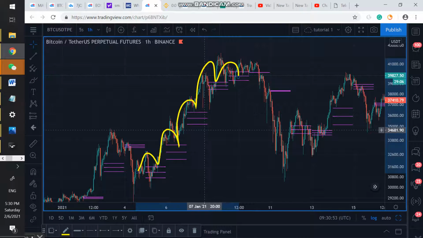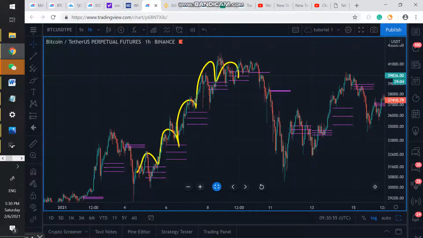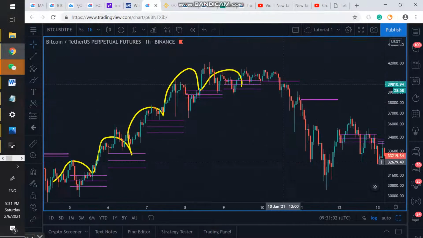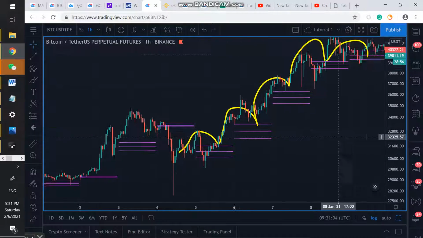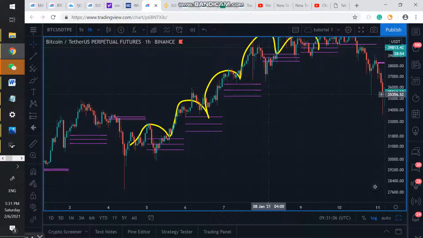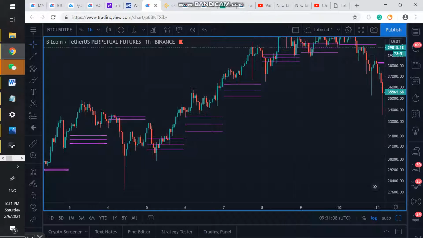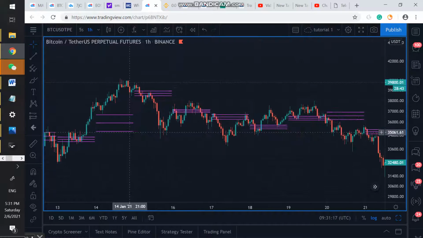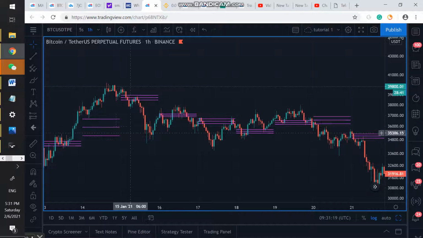Another thing you can use the CPR for is to give you some extra confirmation if you want to take those Camarilla reversal or breakout trades. Well, one thing, if you see a wide pivot range, like this here, it is an indication of possibly a ranging day, a ranging market day, right?